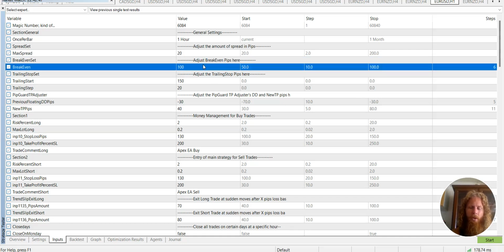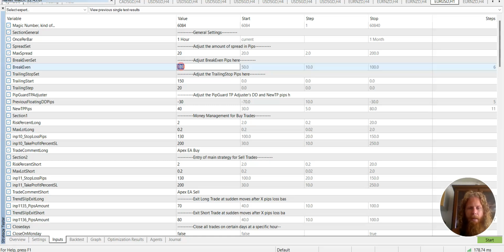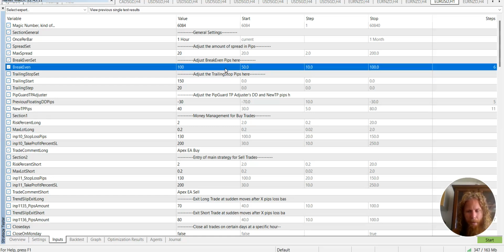So if you don't know what break even is, because I want to make this video for all customers who want to trade with this EA and adjust these parameters completely to their own styles, this is the reason why I implemented these. If the trade is in a certain profit, for example 100 pips profit or 10 pips profit, anything you want, and the price starts to go against you.